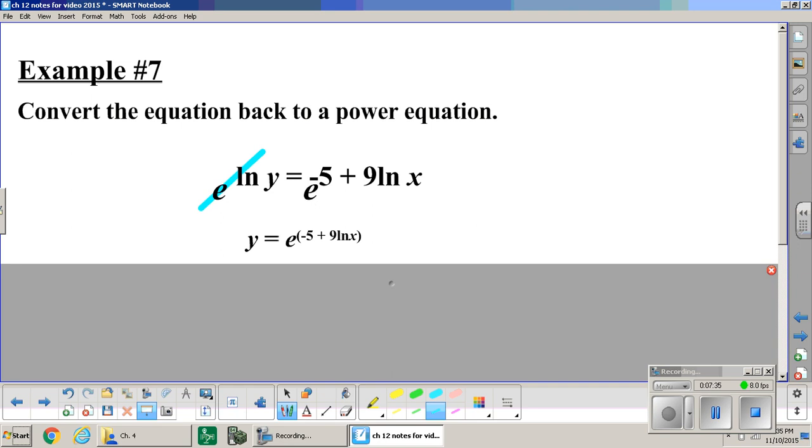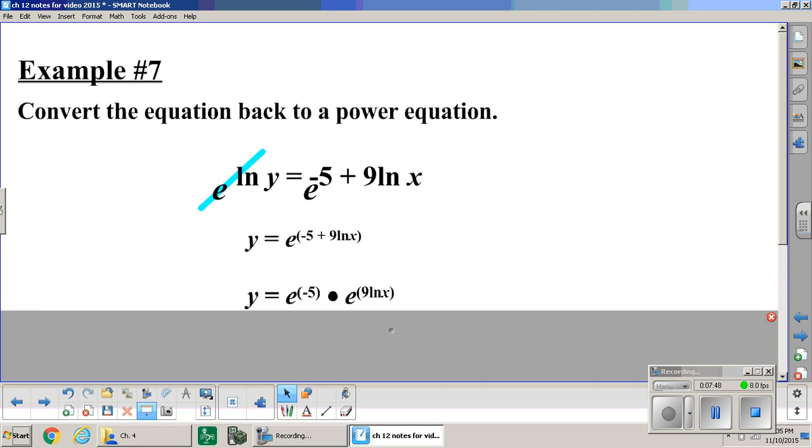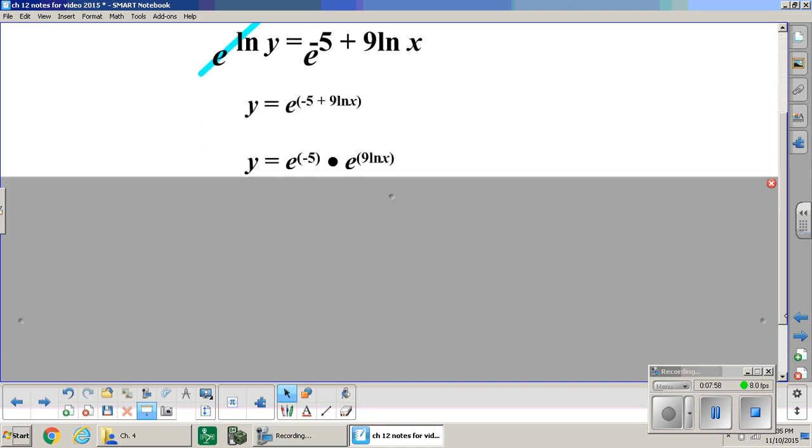So those are gone, okay? But this time, it'll simplify slightly differently. What can we do right here? Oh, that's right. Good job up front. I heard you say it. You separate them with multiplication, so you have e to the negative 5 times e to the 9 times natural log.